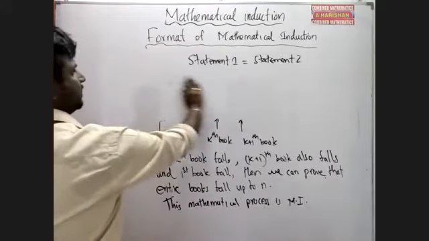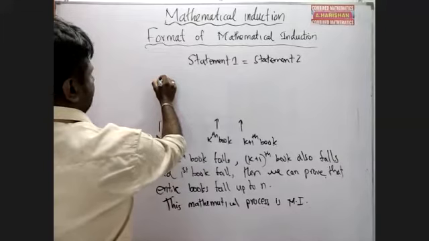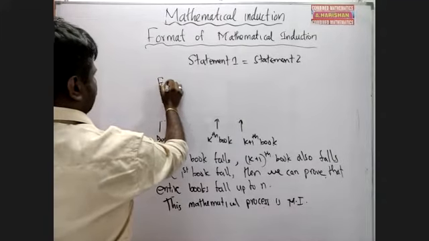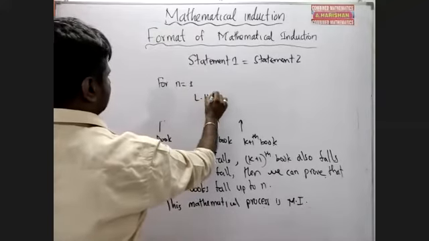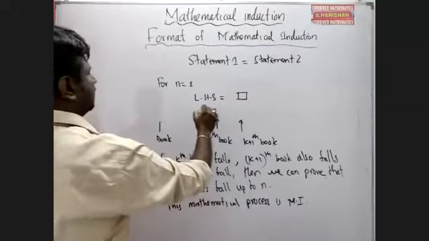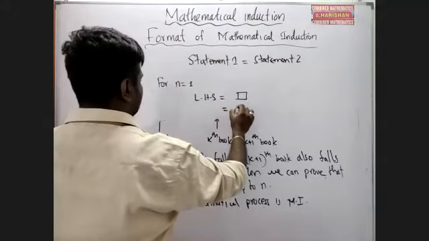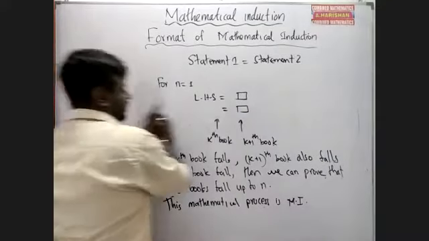So the process, the first one, we have to prove for n equals 1. So for n equals 1, you have to take LHS and simplify.